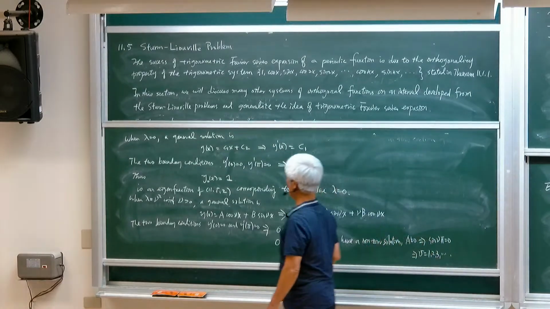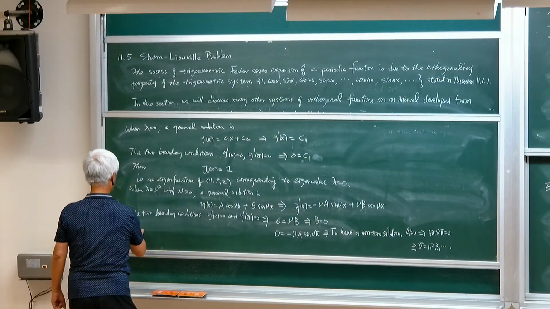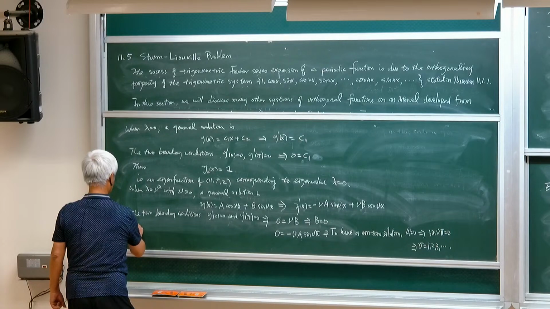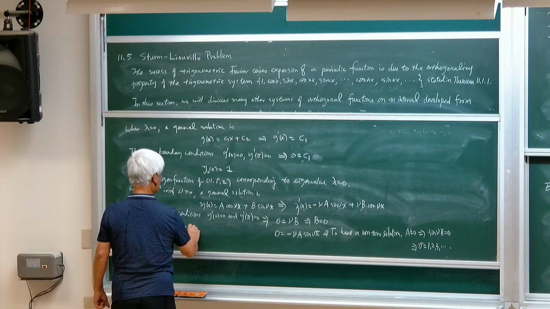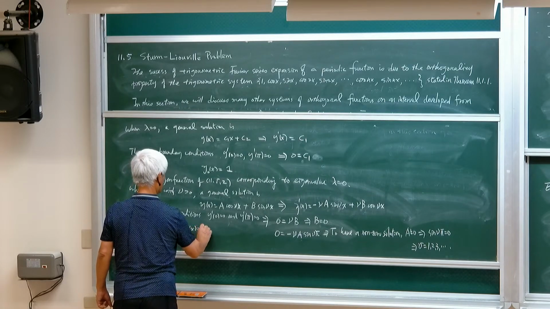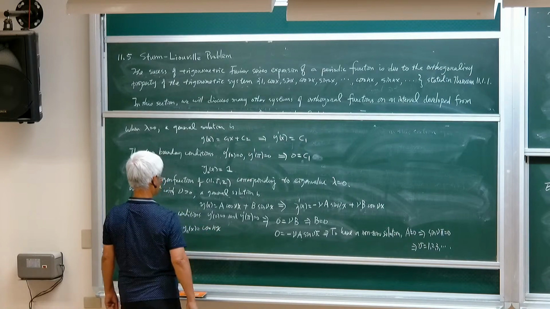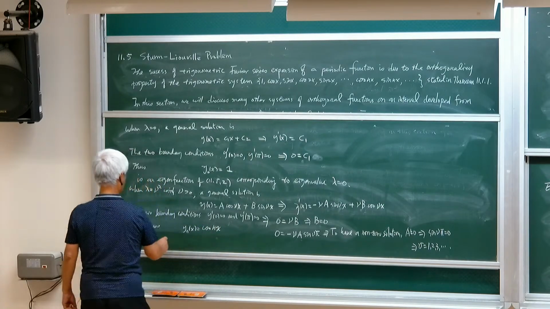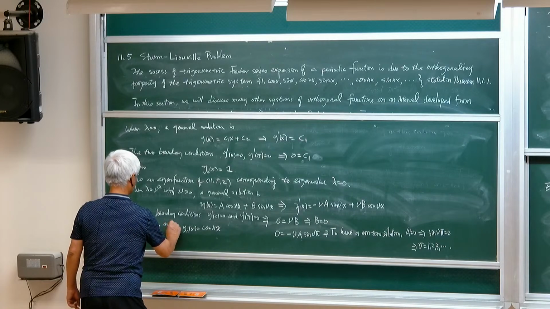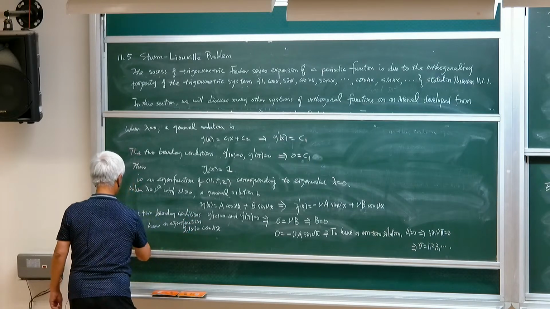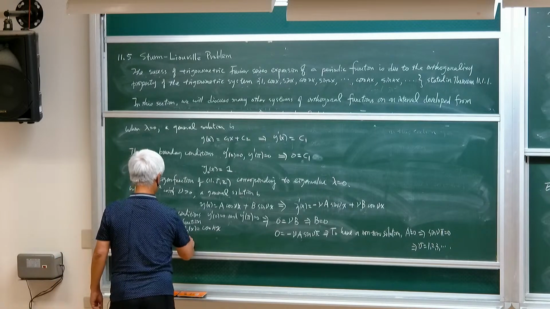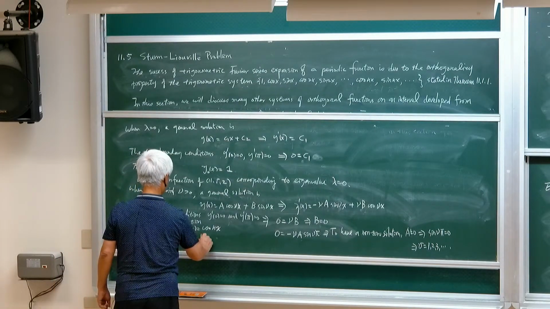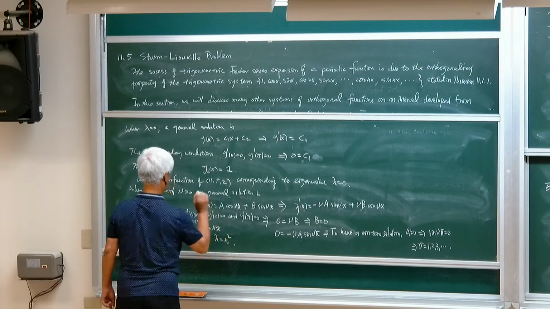Okay. So now we have y_n of x equal to cosine nx. So we have an eigenfunction corresponding to eigenvalue lambda equal to n square.